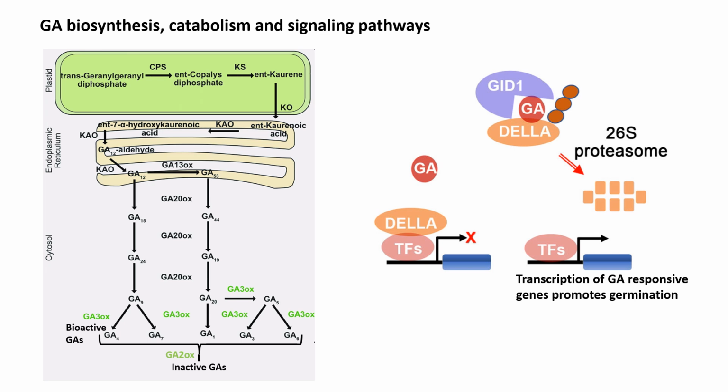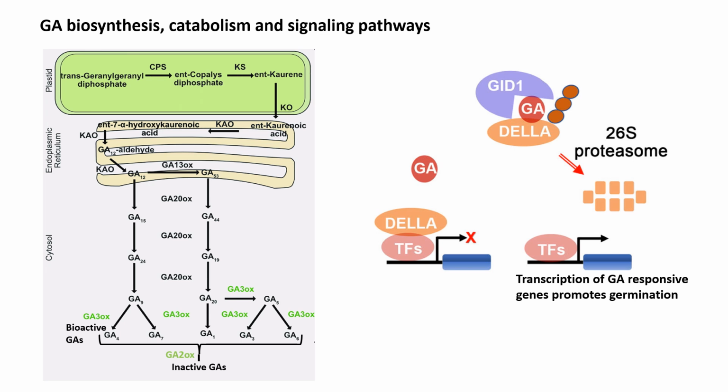In the plastids, terpene synthases join 4 isoprene units to form the 20-carbon intermediate geranylgeranyl diphosphate. This is converted to ent-kaurene and exported from the plastids to the ER, where it is oxidized to form GA12.